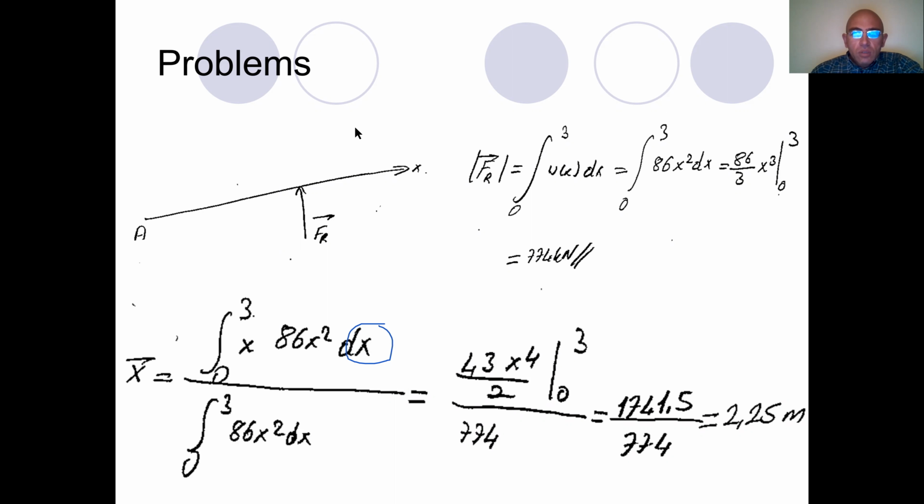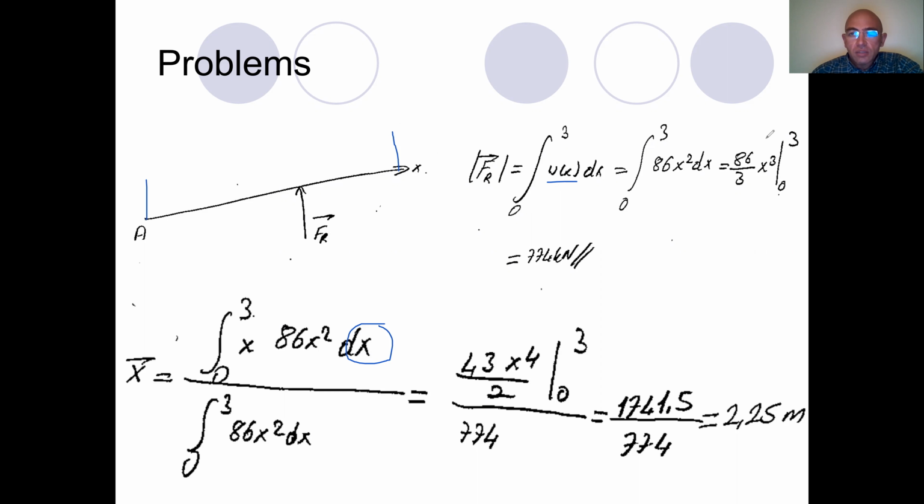Now, Fr is perpendicular to the wing, so it begins from A and x is along this direction. So we will integrate w(x) from 0 to 3. Basically, the distributed load is acting from 0 to 3, and it is 86 x squared dx.